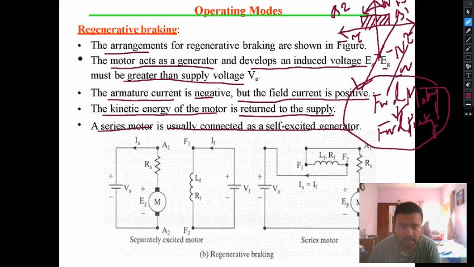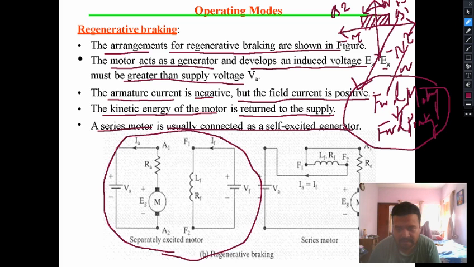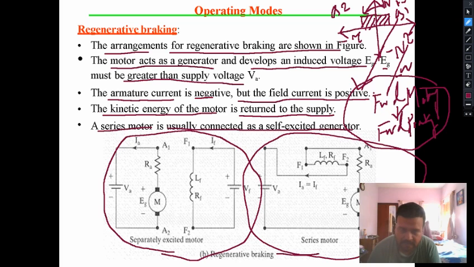The arrangements for regenerative braking are shown in this particular figure. We have two figures. One is the separately excited motor and the other is the series motor. Here you see, since the field circuit is separated from the armature circuit, the direction of the field current is unchanged.